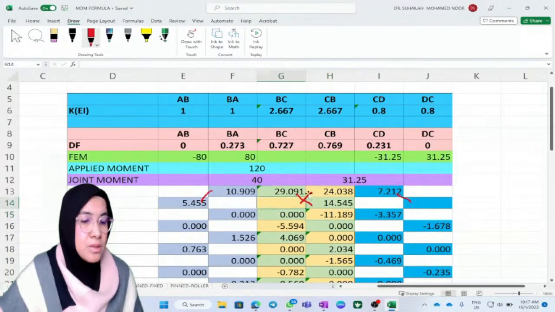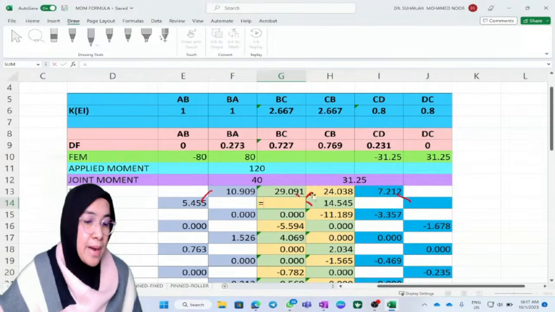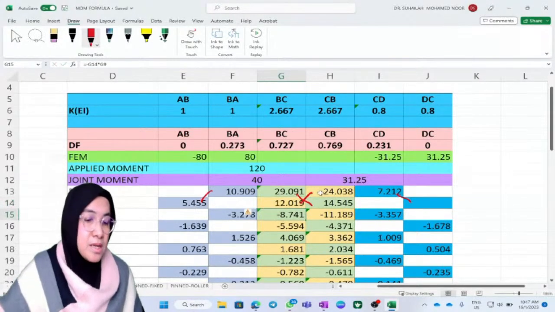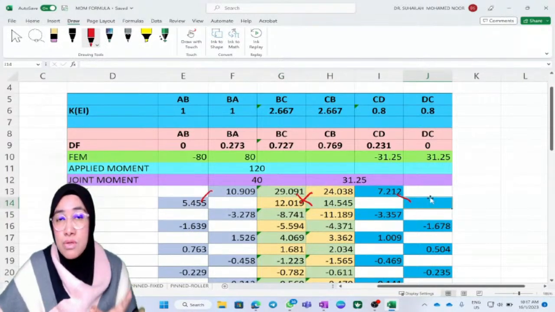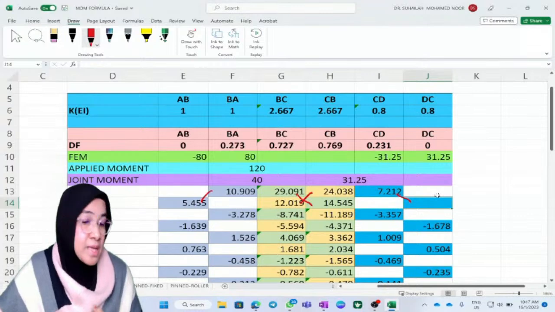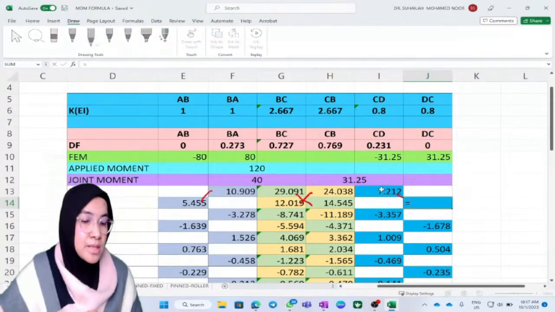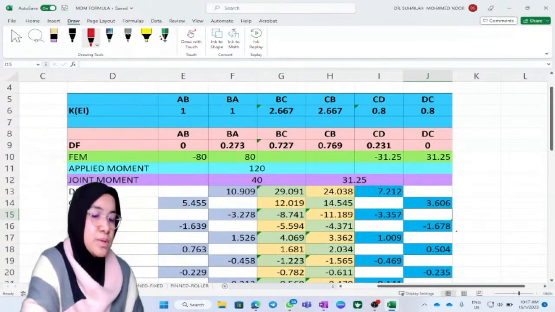And 24 at CB, we have to carry to B. So divide by 2 because the factor is 0.5. A and B both are fixed, so we have the same factor. Okay, 7.212, we divide by 2 as well.